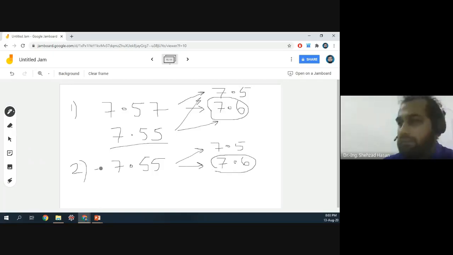Let's take another example for the same scheme. Let's talk about 7.45. Now I need answers from your side. What will 7.45 do in the first scheme and the second scheme? Here the two options are 7.4 and 7.5.